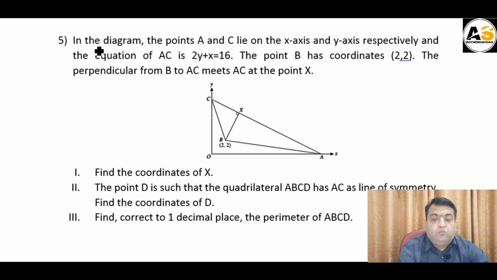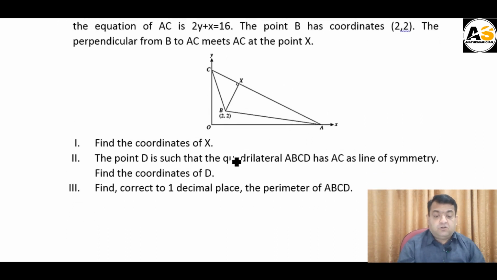In the diagram, point A and C lie on x-axis and y-axis respectively. A lies on x-axis, C lies on y-axis, and the equation of AC is 2y plus x is 16. The equation of this line is given. Point B has coordinate 2, 2. The perpendicular from B to AC meets AC at X. That is, BX is perpendicular to AC. We have to find the coordinate of X.